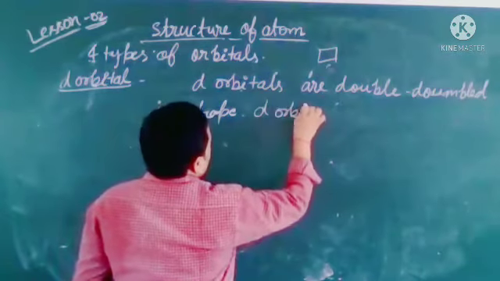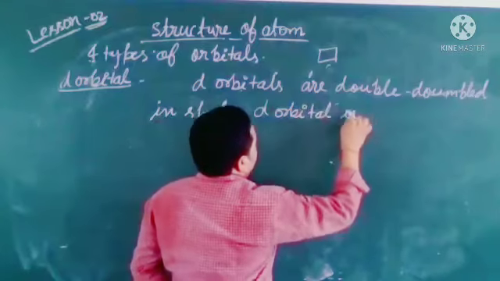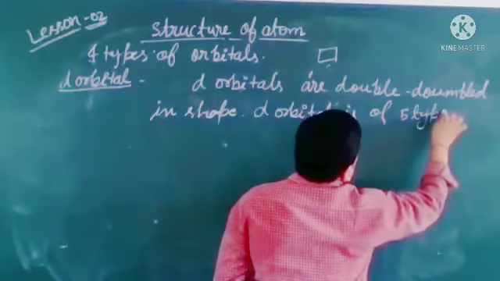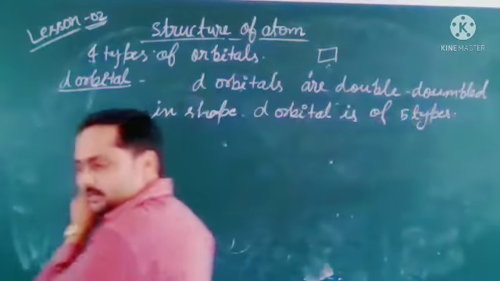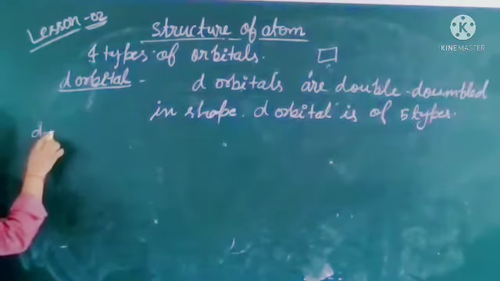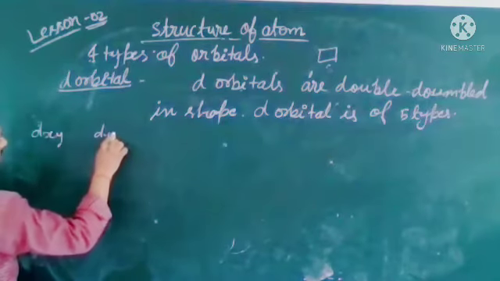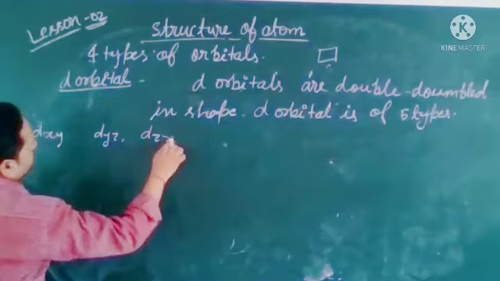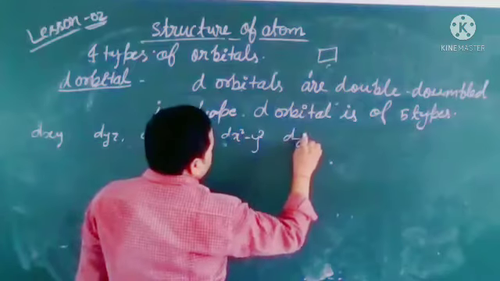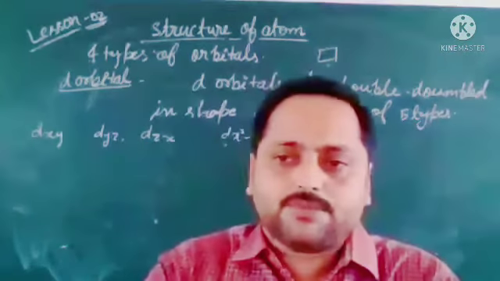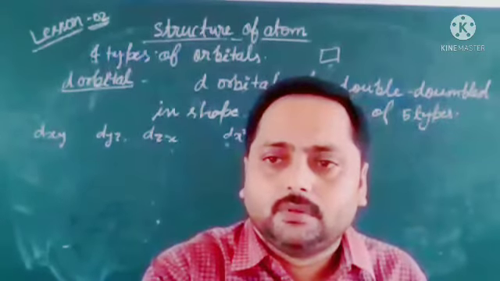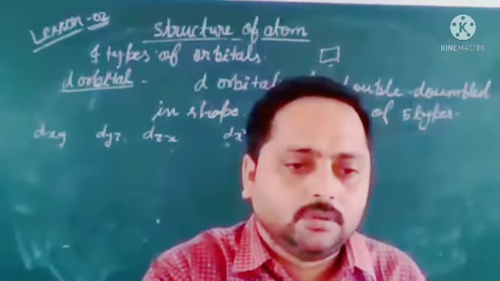The d orbital is of 5 types. So what are the orbitals? Dxy, dyz, dzx, dx square minus y square, and dz square.